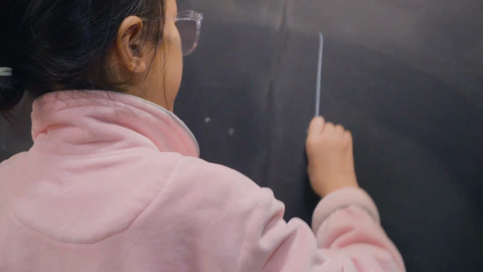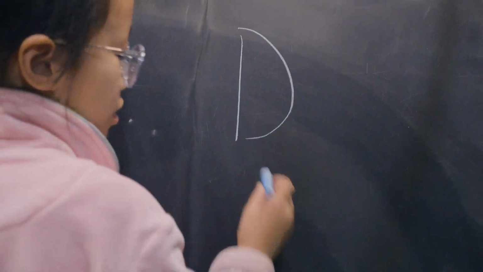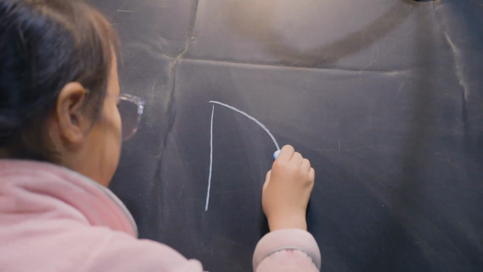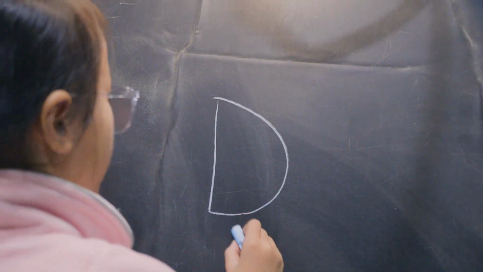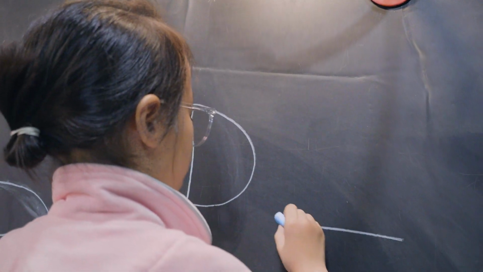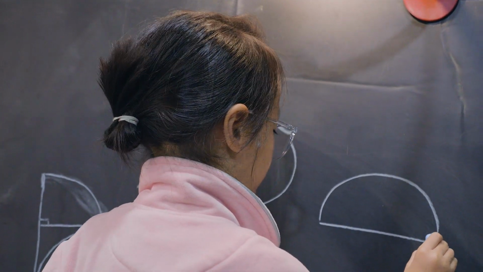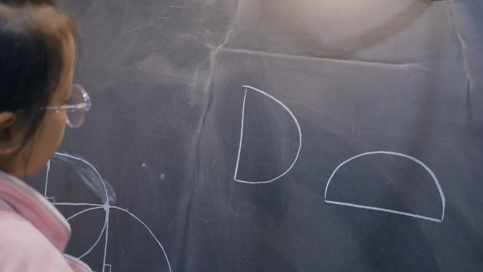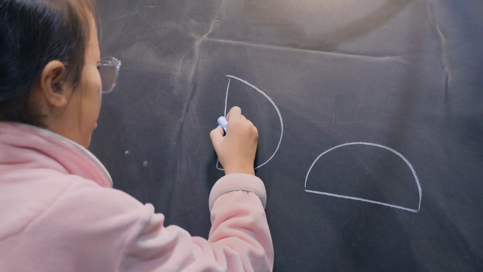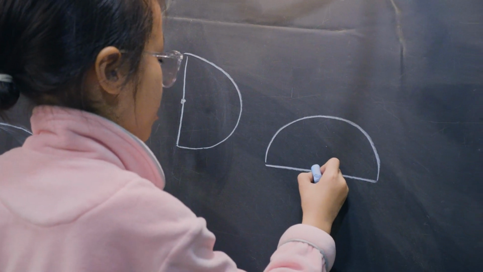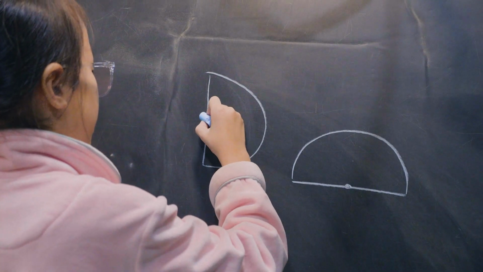So first we draw two semicircles, and you can imagine these two semicircles are the same. You can imagine they are just copies. First we draw their centers, and then we draw a line.